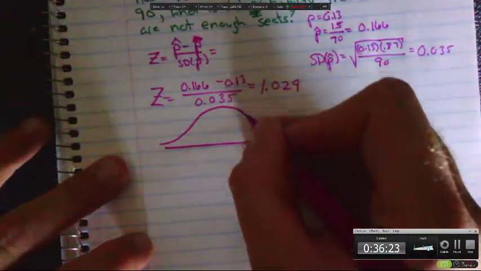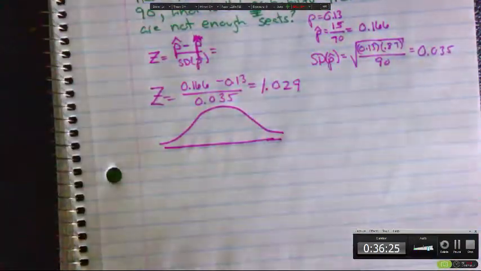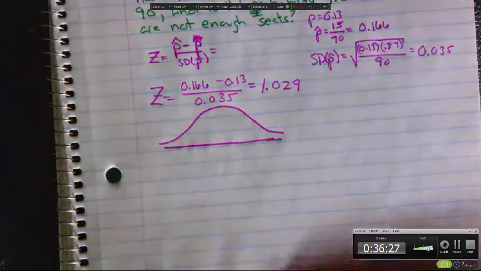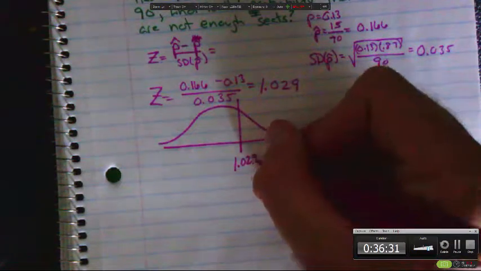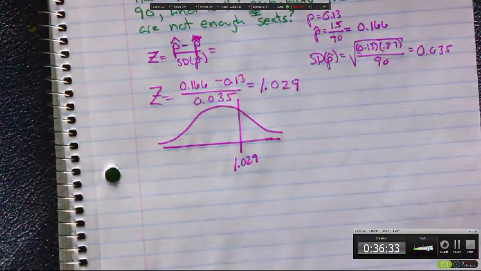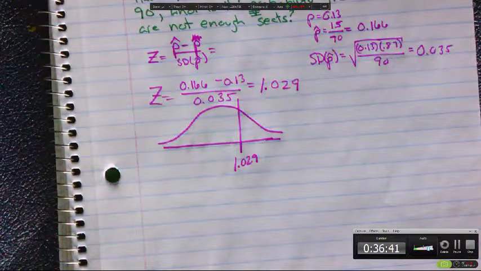If we graph this on the normal distribution model, 1.029 would be somewhere in here. Fewer than 15 people is okay. The only dilemma is if our class has more than 15, which would be all of the values to the right of 1.029.